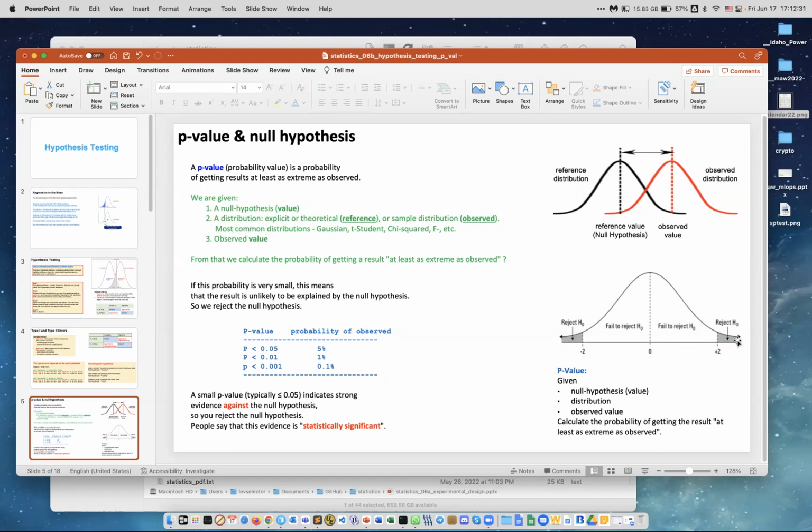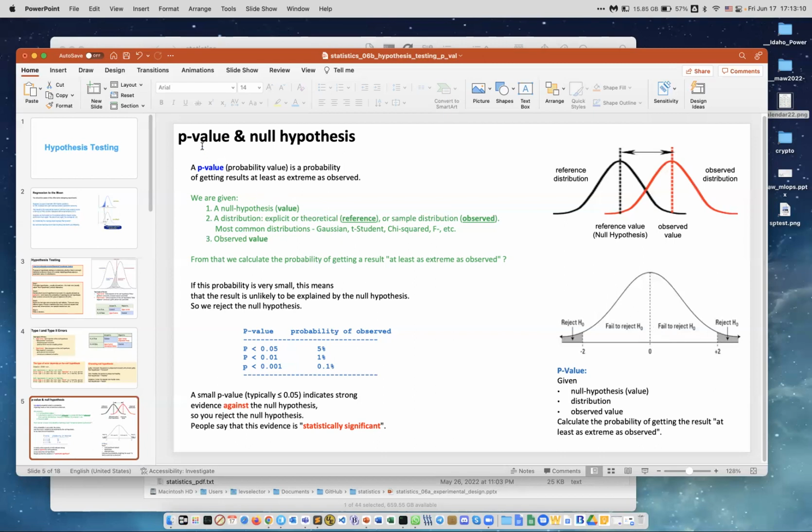If they are less than 5% of overall probability, then we're saying that the p-value is less than 5%, right? So in 95% of cases we're here, but what we actually see in the experiment is that we're getting here, which means that we need to reject the null hypothesis, that the value we're actually getting in the experiment is different from the null hypothesis, right?